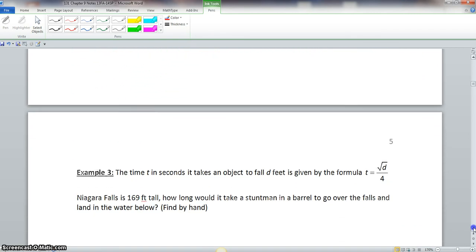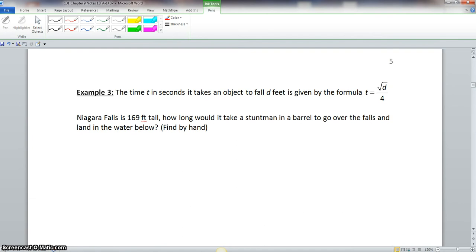Now we scroll down here to example 3. It says the time t in seconds it takes an object to fall d feet is given by the formula t equals the square root of d over 4. Niagara Falls is 169 feet tall. How long would it take a stuntman in a barrel to go over the falls and land in the water below?